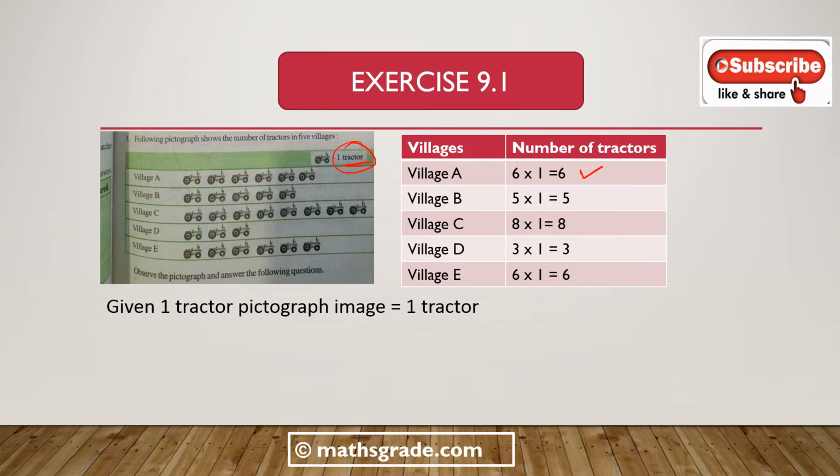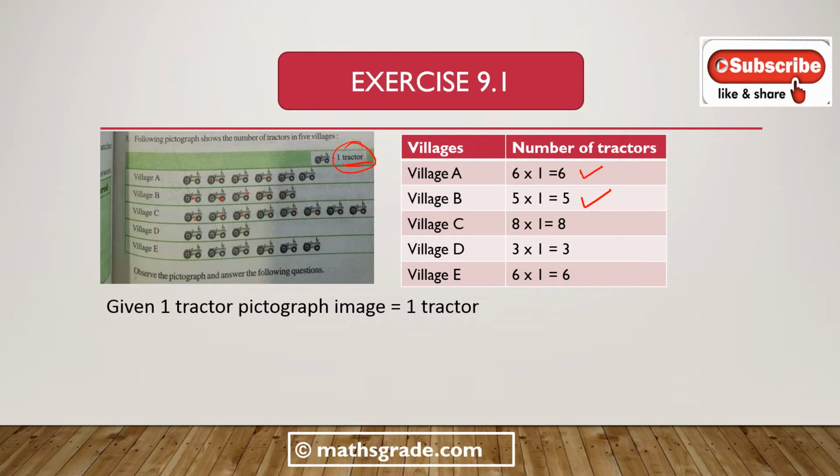In village B there are 1, 2, 3, 4, 5. 5 multiplied by one tractor, that is 5 tractors in village B. And village C has 1, 2, 3, 4, 5, 6, 7, 8.